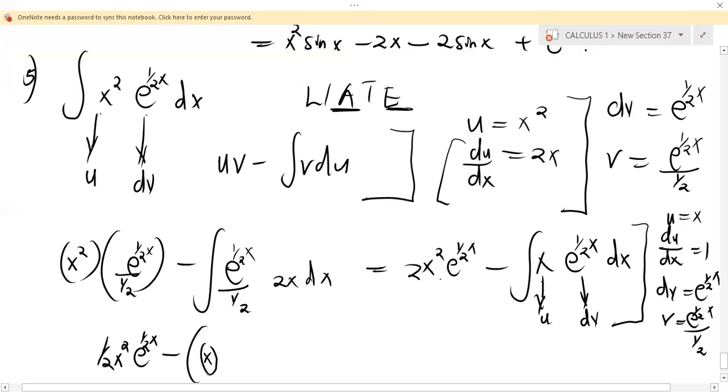This will be 2x squared exponential a half x minus the integral of, so on this other side, we needed to have v du, and our v du was exponential a half x over a half.